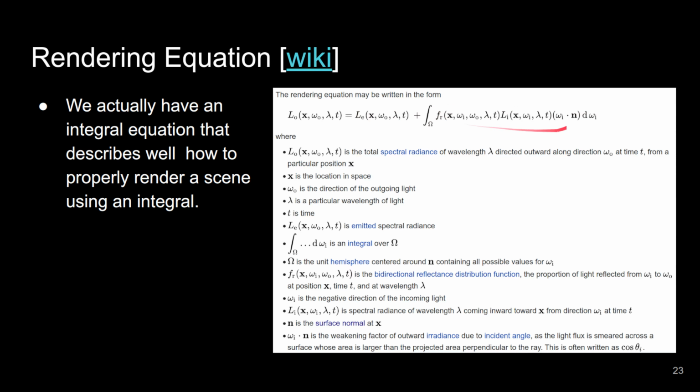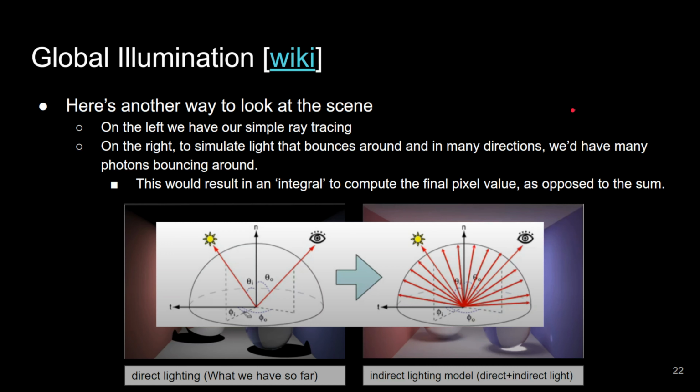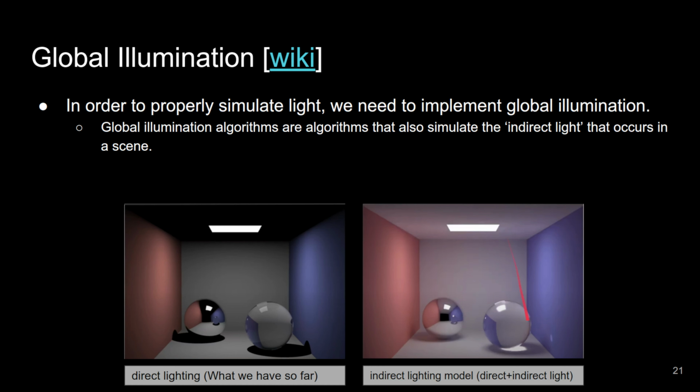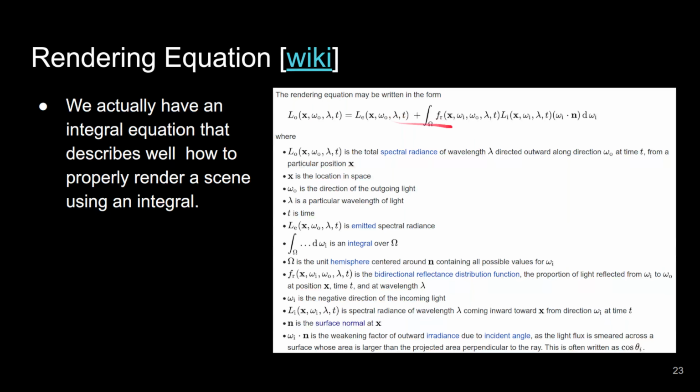That's where you're doing this summation. So you're doing the direct lighting, the light coming down, this is a white light, and then all the indirect lighting is computed in some integral here. Okay, so that's the main idea.